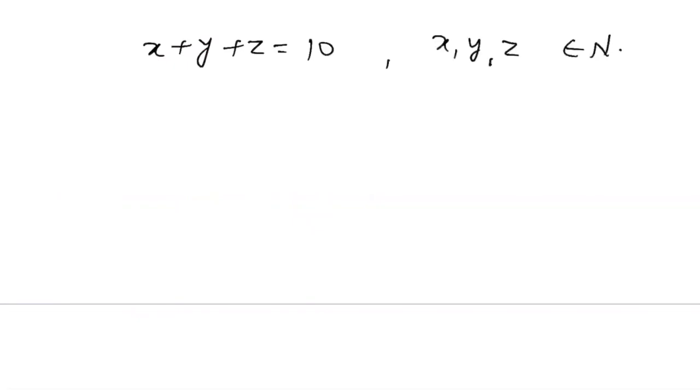But what if I'm saying x plus y plus z is equal to 10, where x, y, z belong to natural numbers? X, y, z belong to natural numbers, right? So if x, y, z are natural numbers, the first method, right, we can start with the basic one.